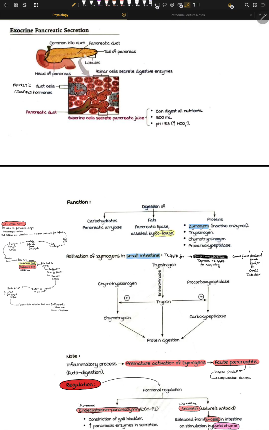Food is coming from the stomach into the duodenum, and the pancreas releases these enzymes inside the pancreatic duct. Where there is a duct, there is exocrine. Exo means outside. I hope we understand the naming. Usually endocrine is ductless, and exocrine has ducts.